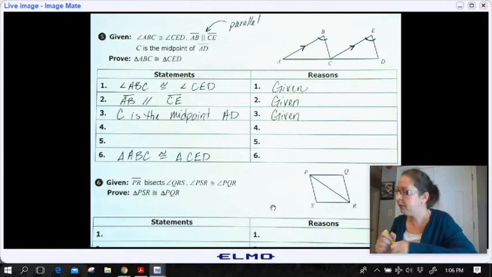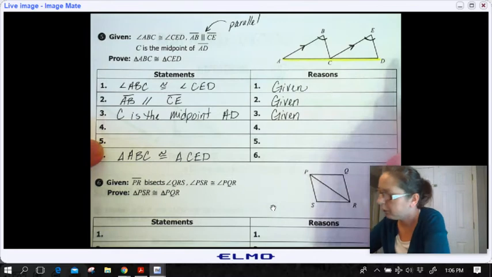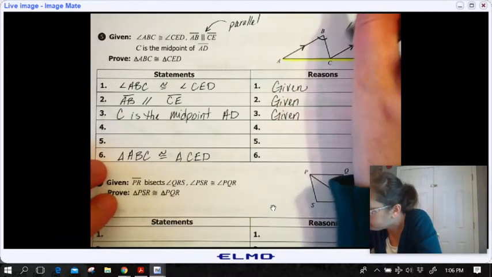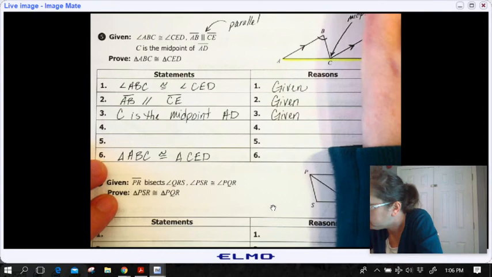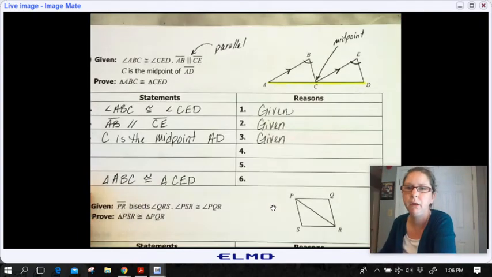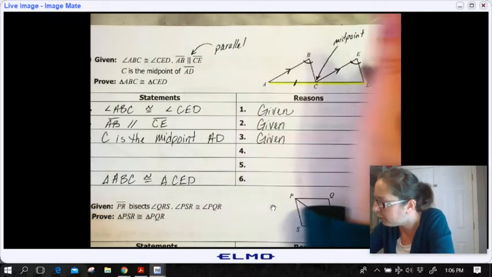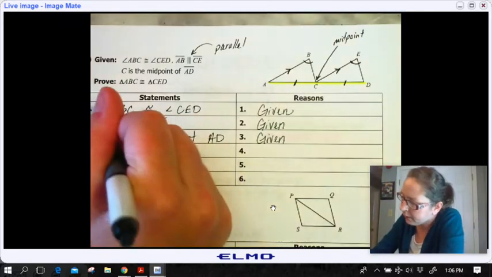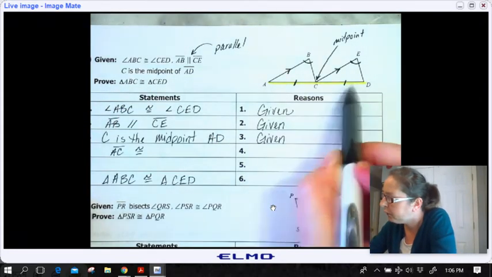Okay, so if C is the midpoint of this segment, then that means, midpoint, I always like to label things, that this side of C is congruent to this side of C. So AC is congruent to CD.